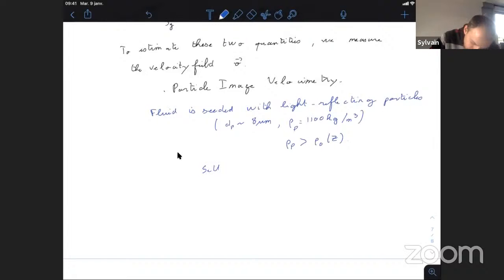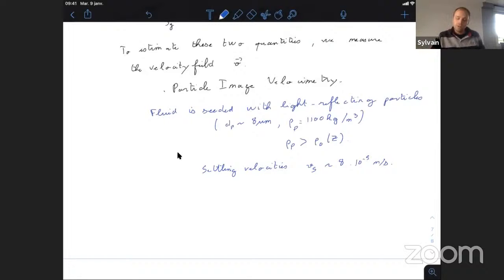Basically, the settling velocity of these particles, Vs, is around 8 times 10 to the minus 5 meters per second. So if you have 30 centimeters, you can calculate you need a long time to have this settling. So the density and the size of particles are small.